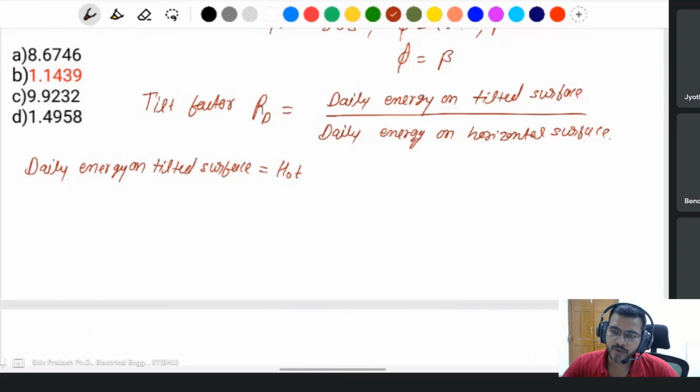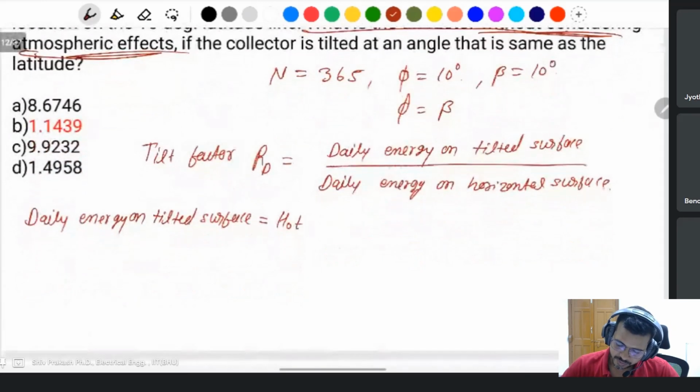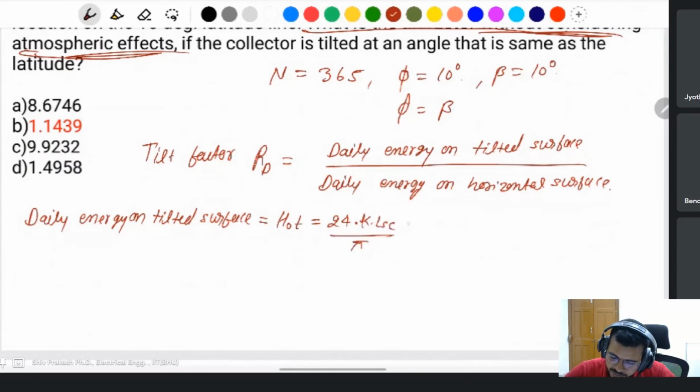If you include the atmospheric effect, that will be a different thing, but the question is given without considering the atmospheric effect.